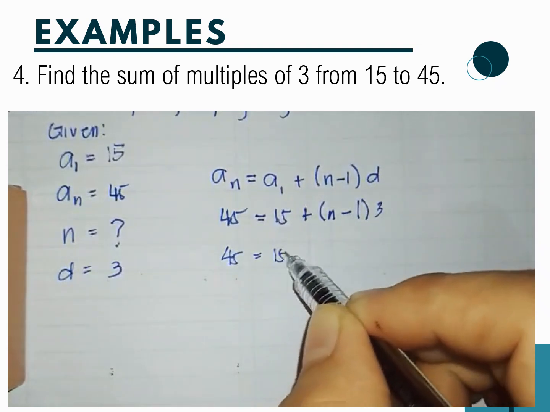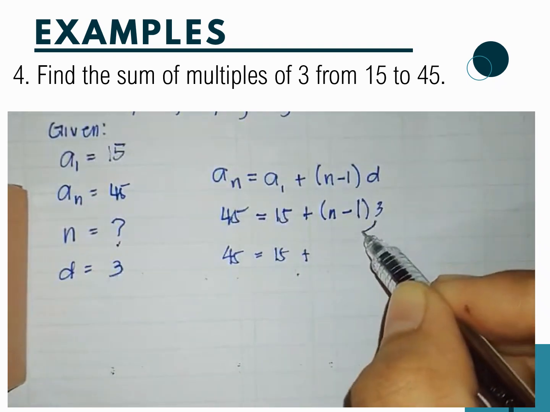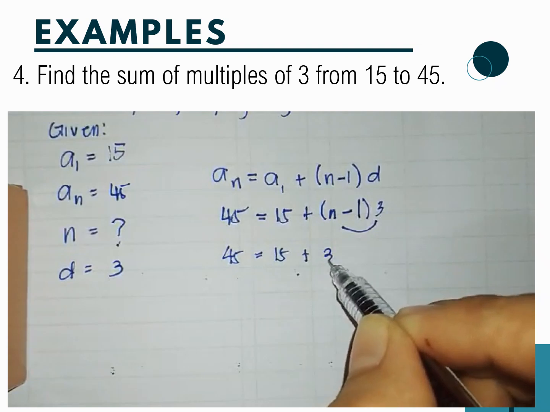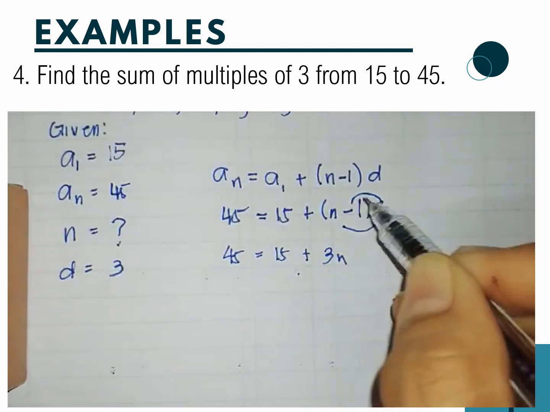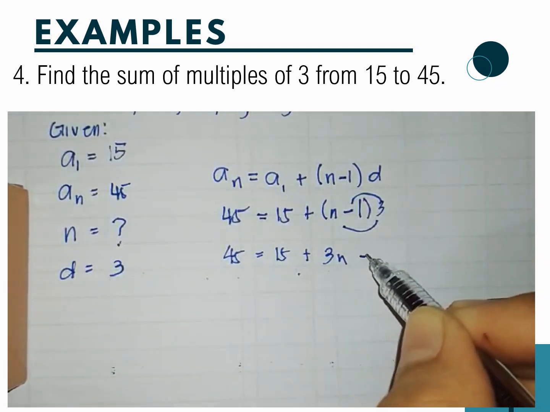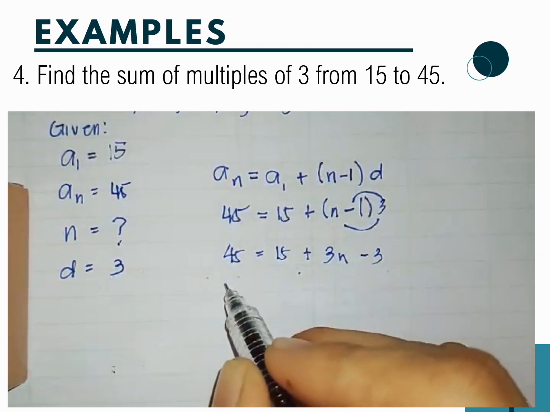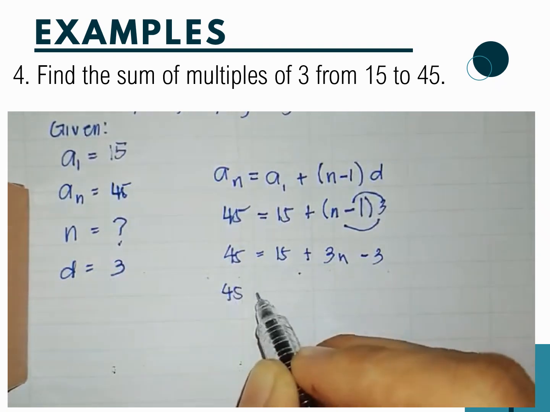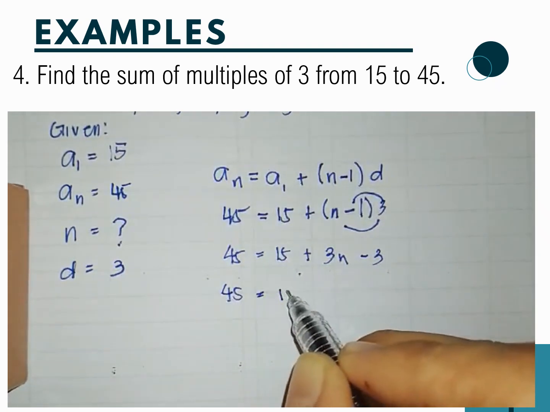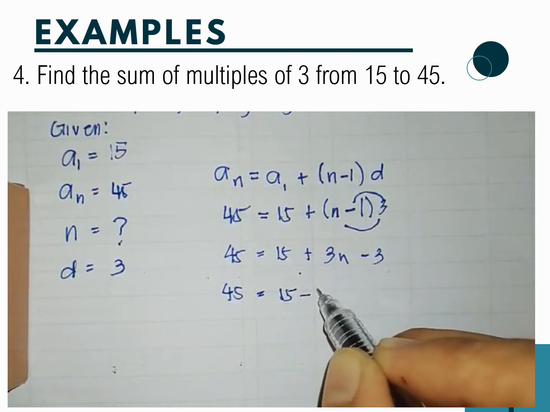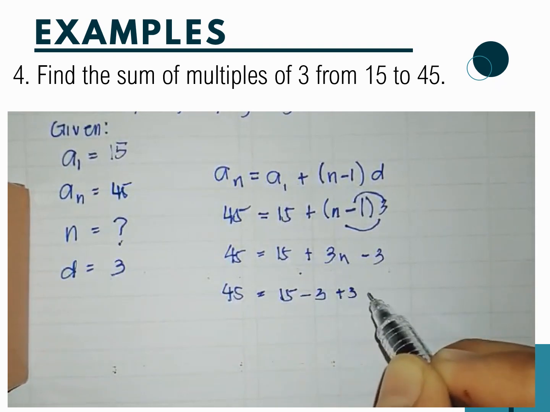Copy. 3 times n will give us 3n. 3 times negative 1 will give us negative 3. Now, let us simplify. Combine like terms. We will have 15 minus 3 plus 3n.